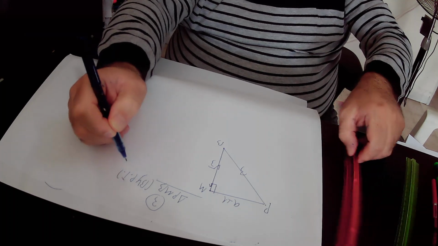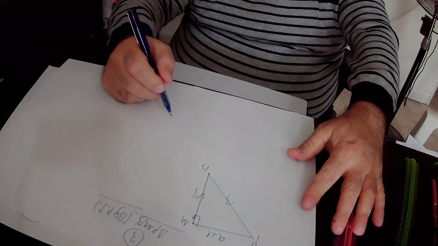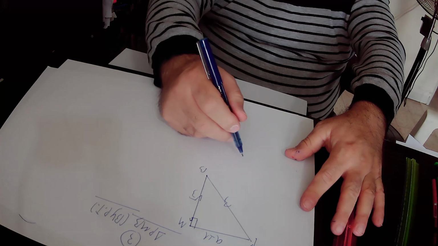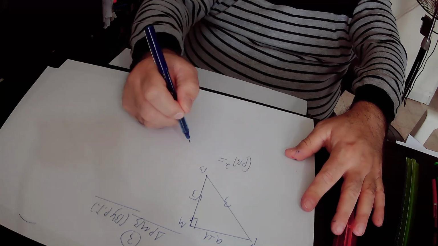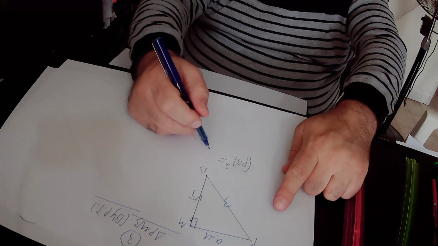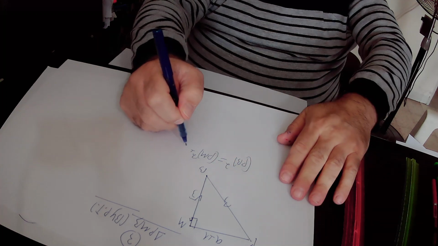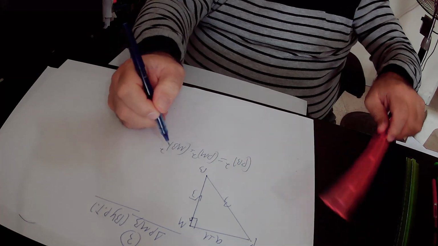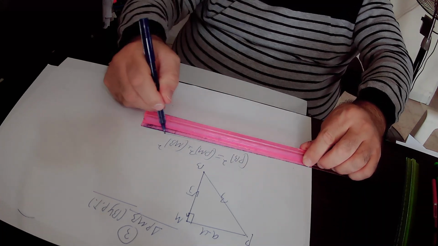According to the Pythagoras theorem, in a right triangle, the square of the hypotenuse equals the sum of the squares of the perpendiculars. The hypotenuse in this right triangle PMB is PB, therefore the square of the hypotenuse is PB squared, and it must be equal to PM squared plus MB squared. In conclusion, according to the Pythagoras theorem, in the right triangle PMB, PB squared equals PM squared plus MB squared.